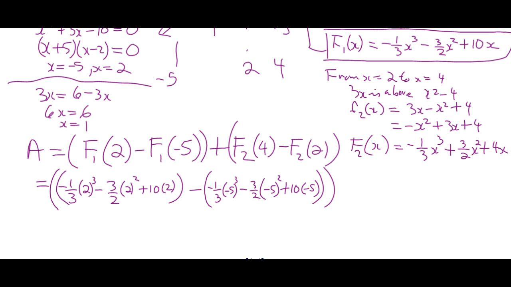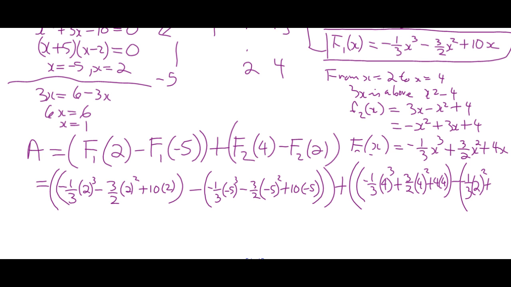Okay, so this is this plus F2 of 4. So negative 1/3 times 4 cubed plus 3/2 times 4 squared plus 4 times 4, minus negative 1/3 times 2 cubed plus 3/2 times 2 squared plus 4 times 2.